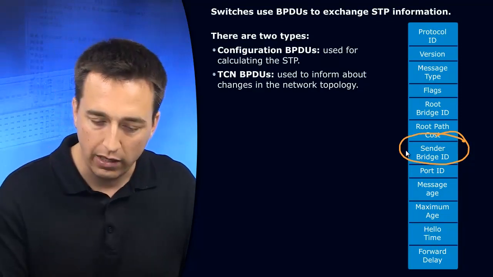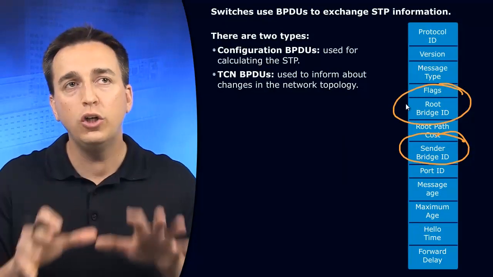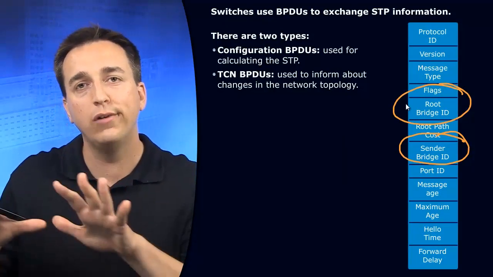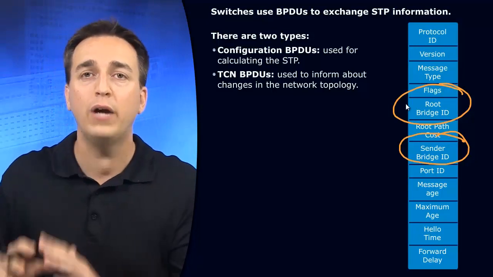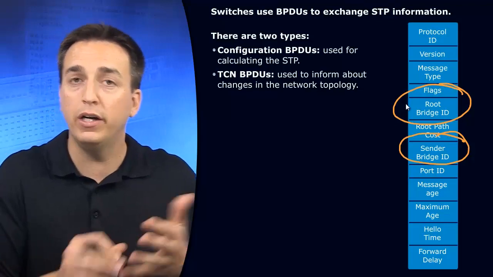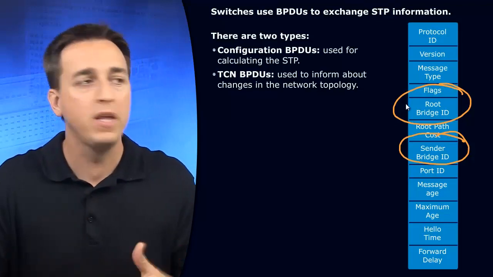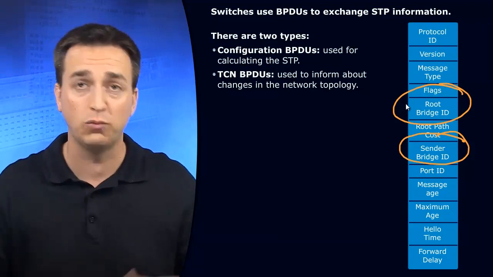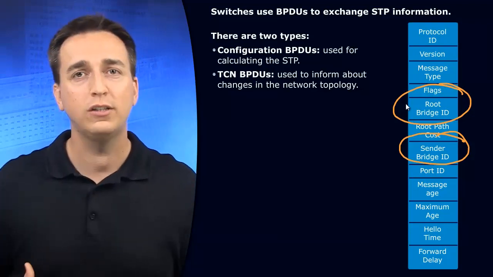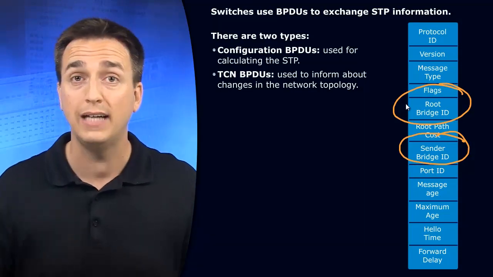In addition to that, the root bridge ID is going to be listed as well. So if two switches already agree that one of them is the root bridge, well, this switch indicates in its BPDU, here's the current root bridge I know about, here's the sender, and this is my bridge ID. And another switch compares all that information and says, well, I'm way better than those two values, so I'm now the root bridge, and the other switches comply, saying, all right, great.